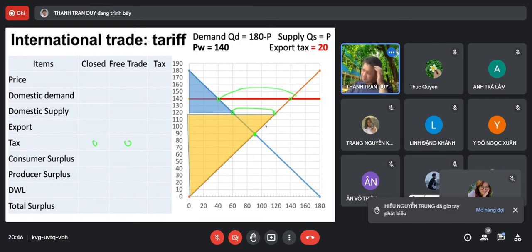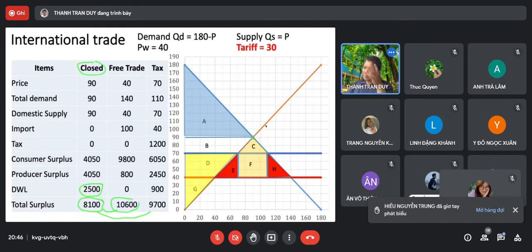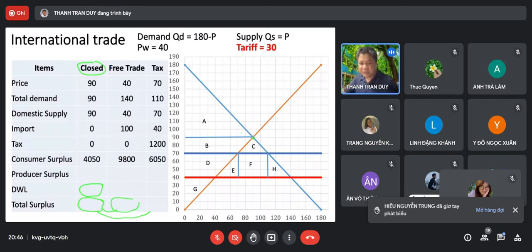Now the point will be, even when you see this situation, what happened to many economies, like Vietnam? Because the world price is too low, local firms say it's not profitable to produce and compete with imported items.